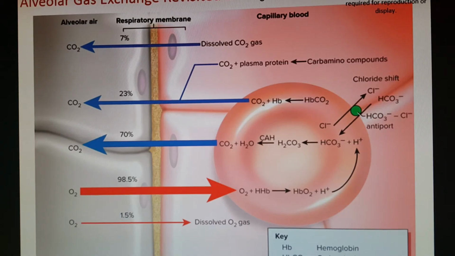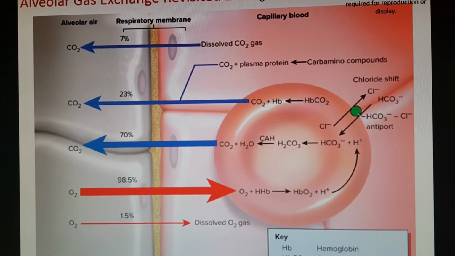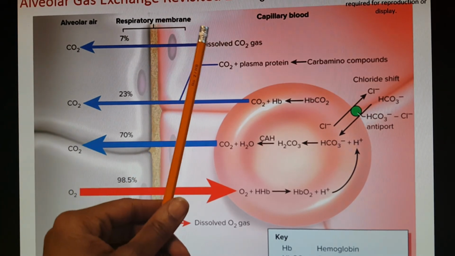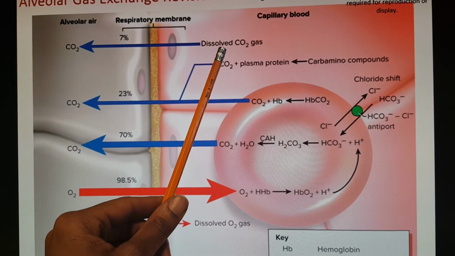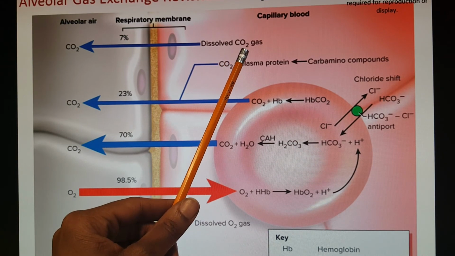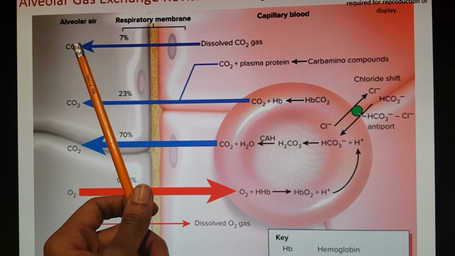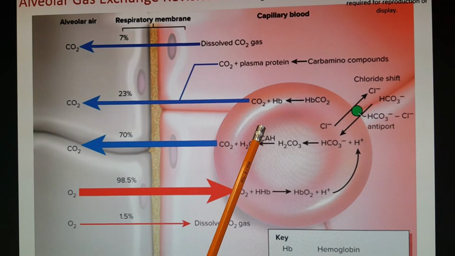So, picture version: here in the gray we have the lungs, or the cells of your alveoli, your air sacs. Some of your carbon dioxide is just dissolved CO2 gas in your capillary blood, so it just diffuses across the respiratory membrane.